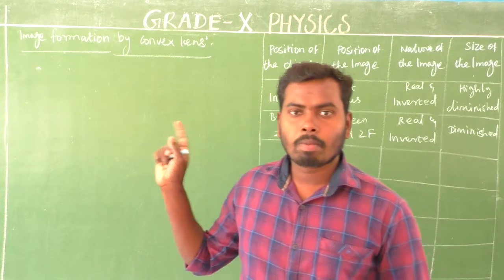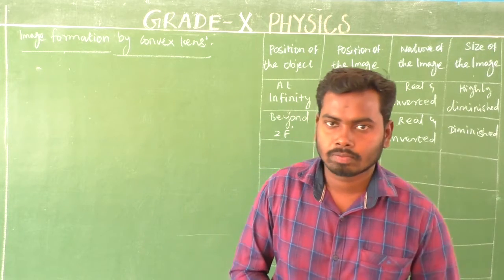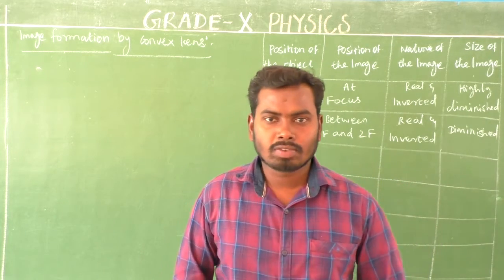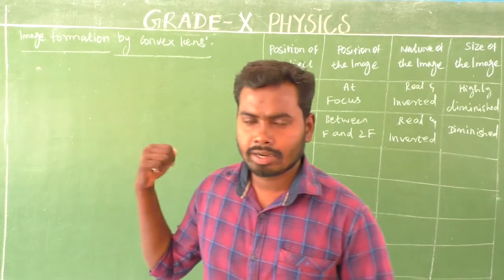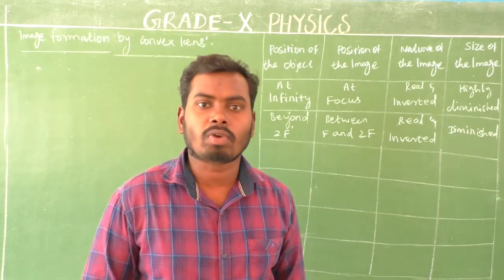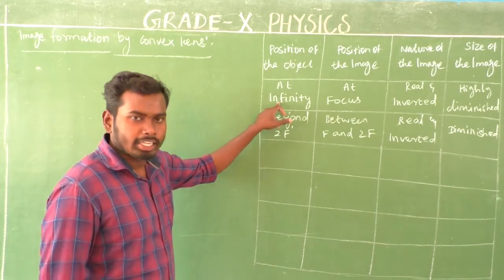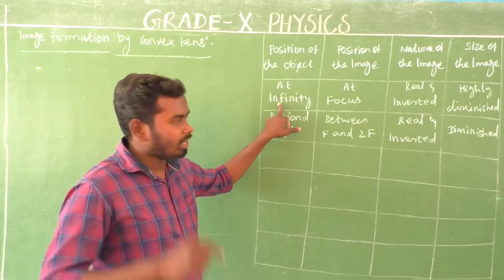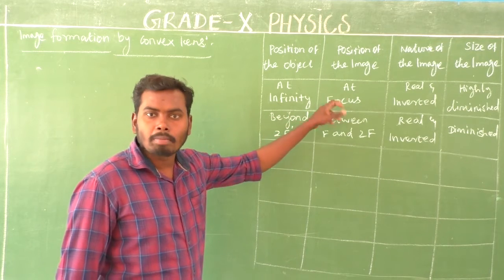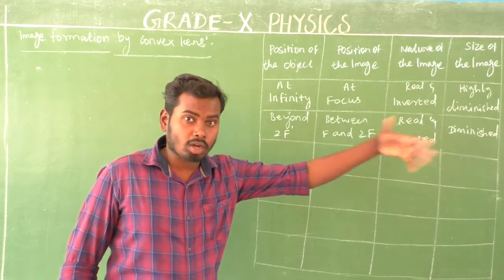Image formation by convex lens. Even in the first part of the video class on the same topic, we placed the object at different places from the convex lens. First we placed the object at infinity, and the image is formed at the focus on the other side of the convex lens.